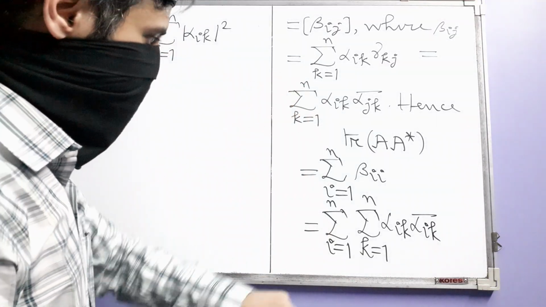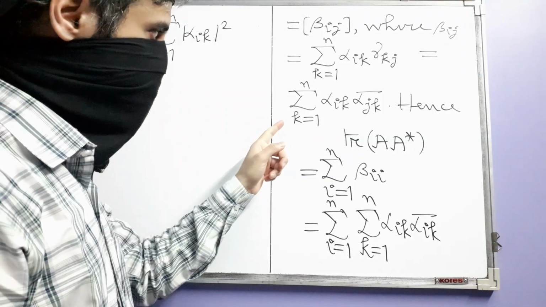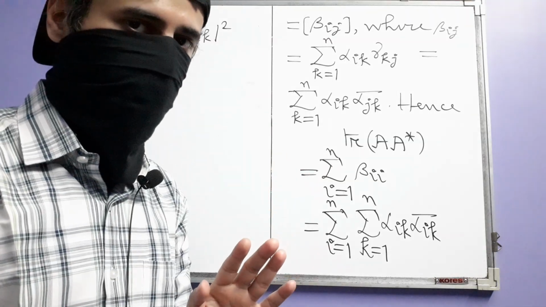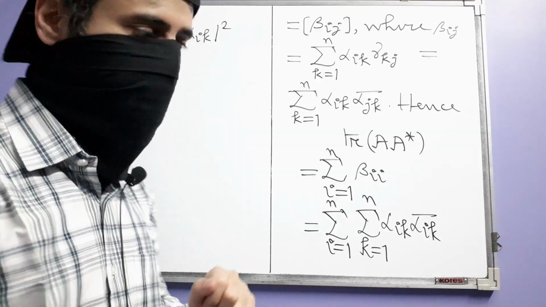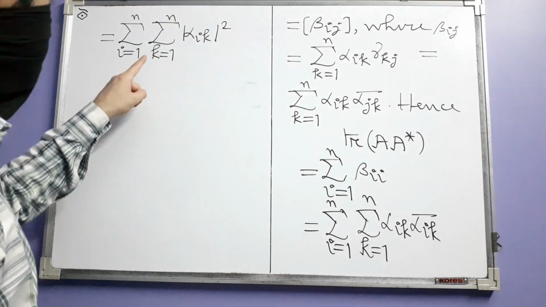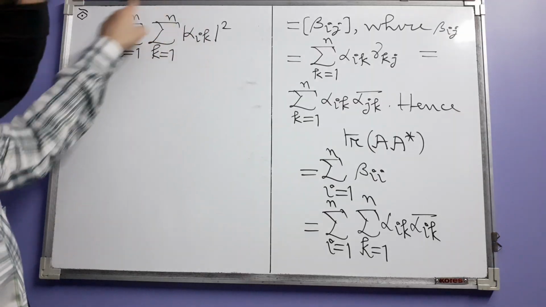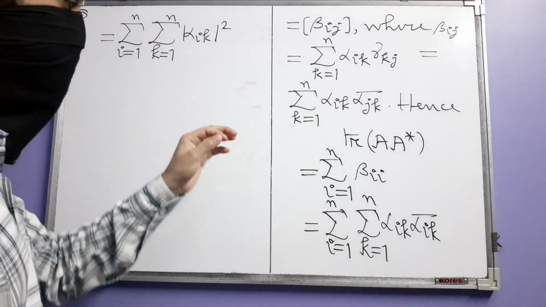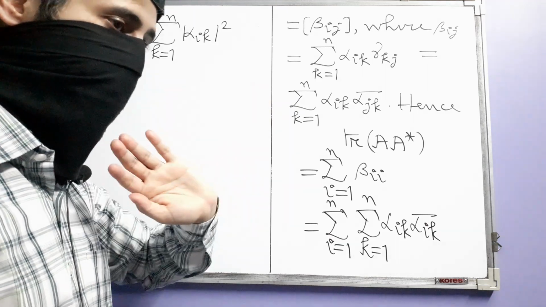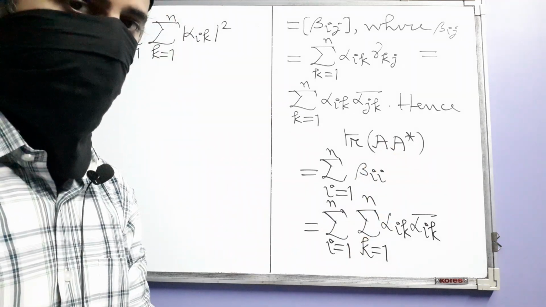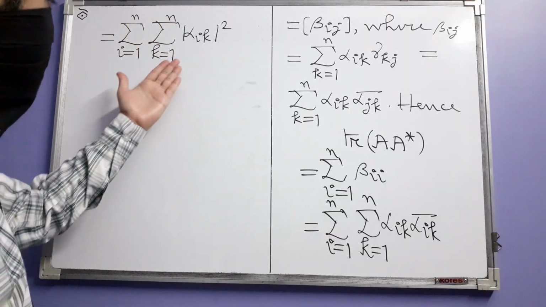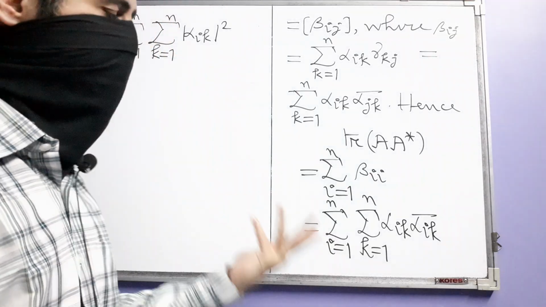Now, to all these, you bring back the extra hypothesis that A is not equal to 0. A is not the zero matrix, which means that at least one entry of A is non-zero. What do you see here? This is actually the sum of the squares of the absolute values of all the entries of matrix A, because i and k are varying over all possible values independent of each other.